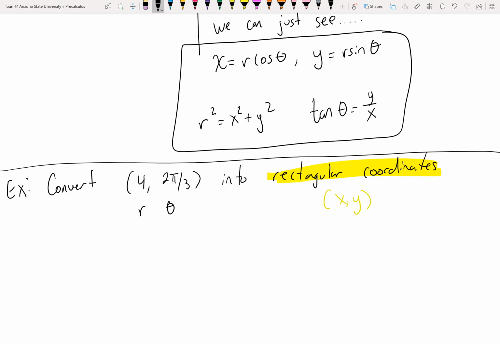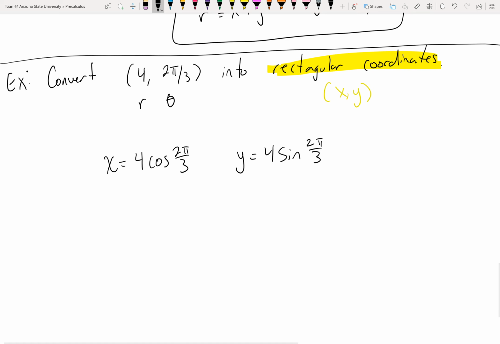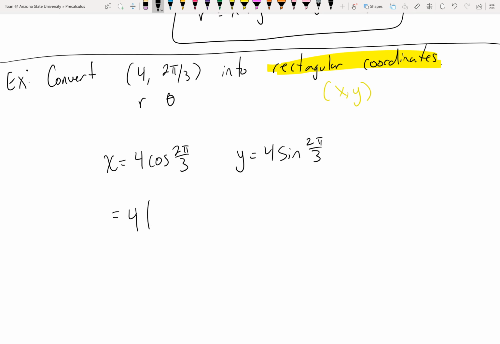So to answer this question, I know that x is r times cosine theta, 4 times cosine of 2 pi thirds, and I know that y is r times sine theta, 4 times sine of 2 pi thirds. And then you just do math, right? So these are special angles, so I'm going to expect you to know how to do it exactly.